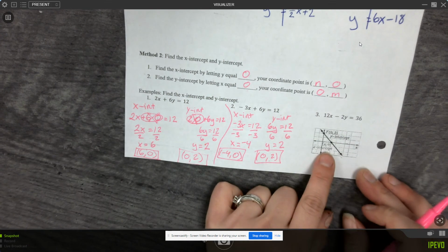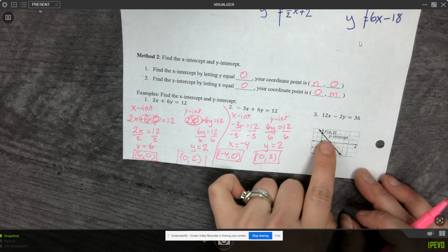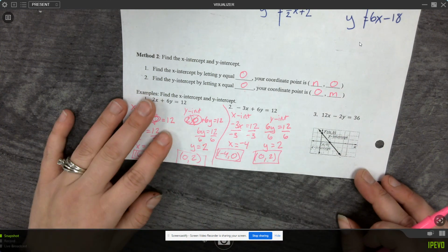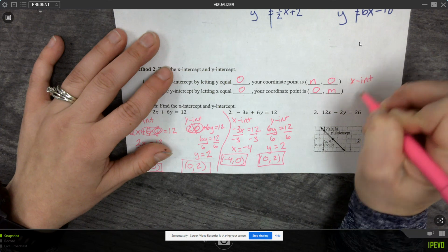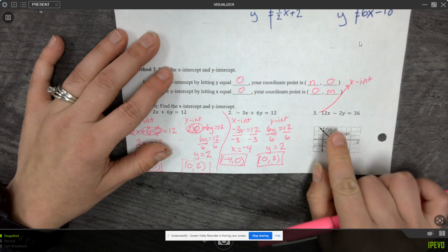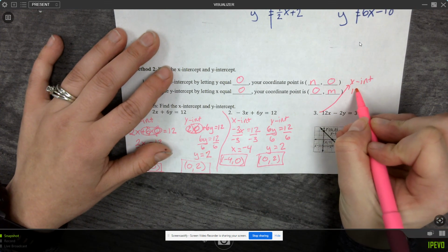And I know that this graph is in the way here when you go to do your last problem. So I understand that issue. Wherever you have room, whether you do it on the side, at the top, or bottom, do it wherever you have room. All right. So I'm going to do my x-intercept up here for this problem. If I need my x-intercept, I need the x term, which is 12x.